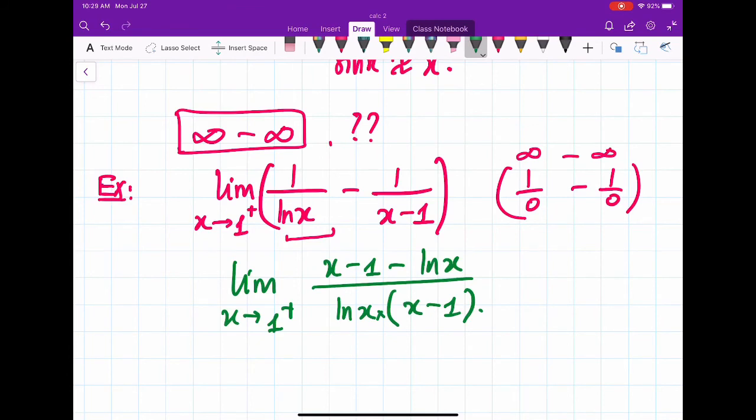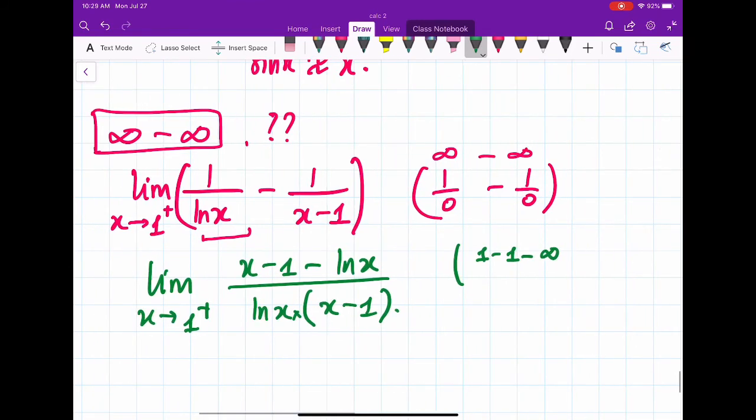And this form is already better. Why? Because when you plug 1 into the function, you get 0 over 0, which is good.